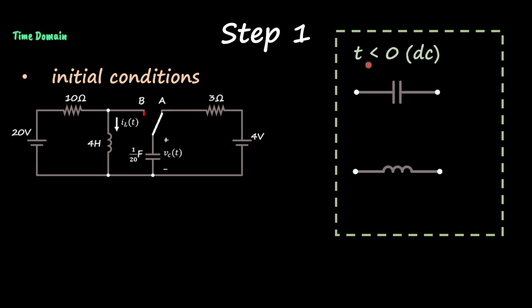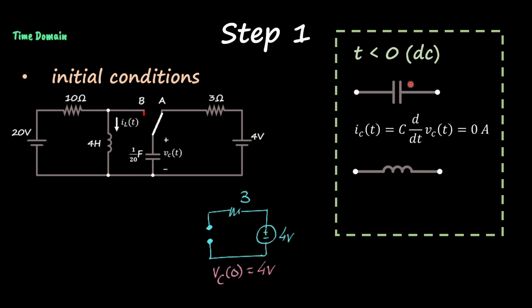So we're looking at when t is less than 0 and things are stable, nothing is changing, and we call that DC. If you recall the equation of a capacitor, the current flowing through the capacitor is C dVC/dt. So if at DC nothing is changing, this derivative is equal to 0. That means that there is no current flowing through the capacitor.